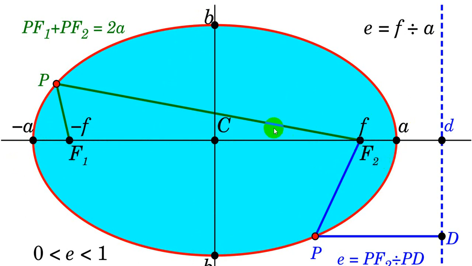When a point moves around, it draws the ellipse from one side, and the other point draws it from the other side.